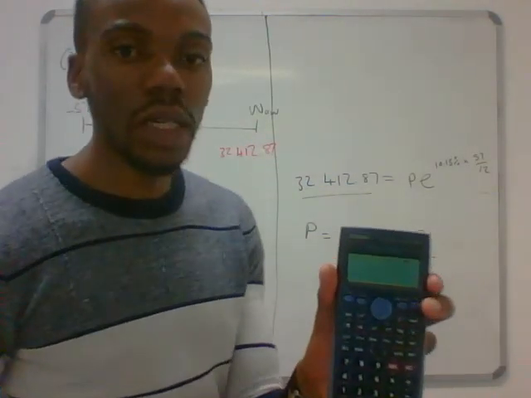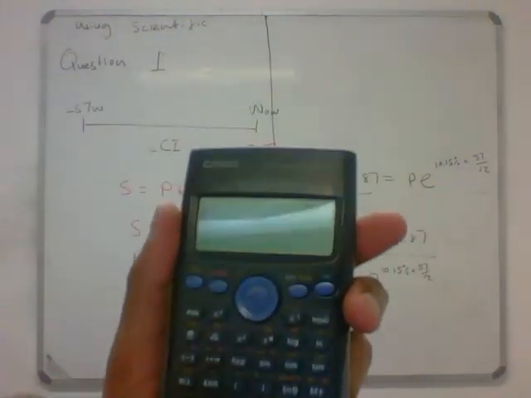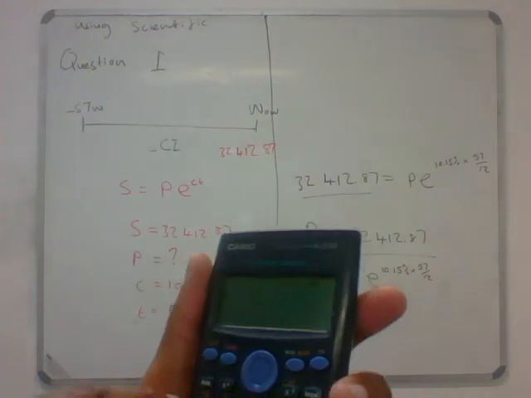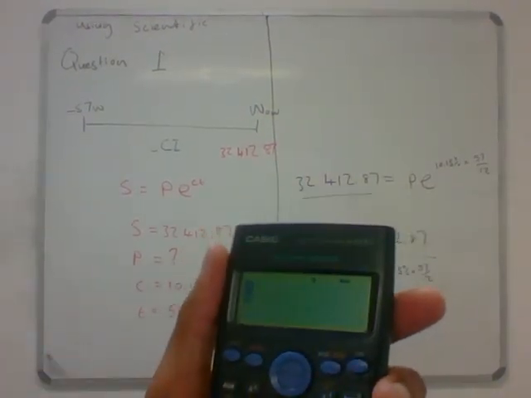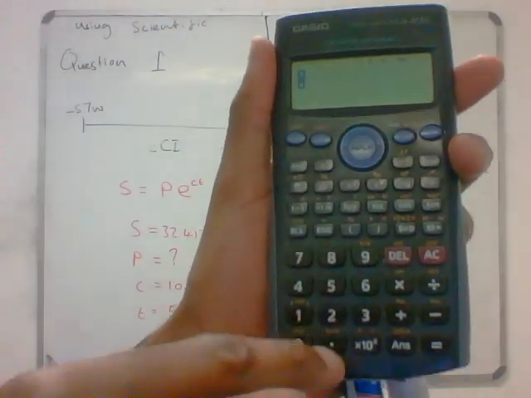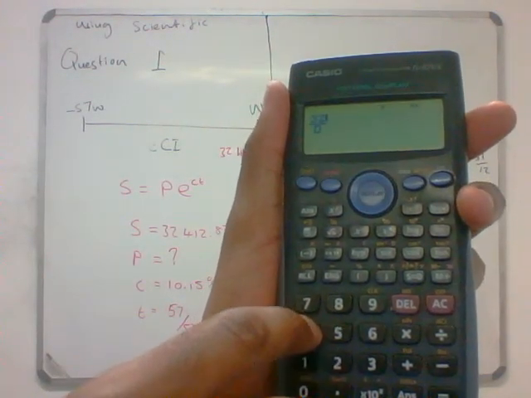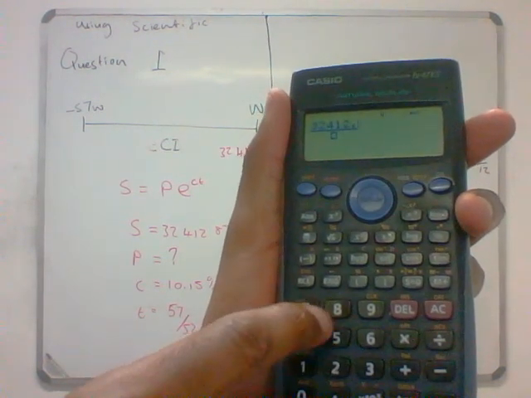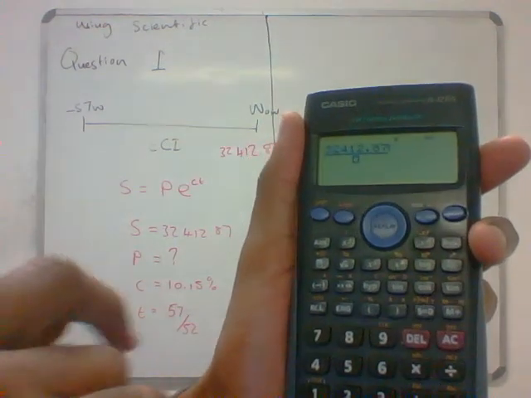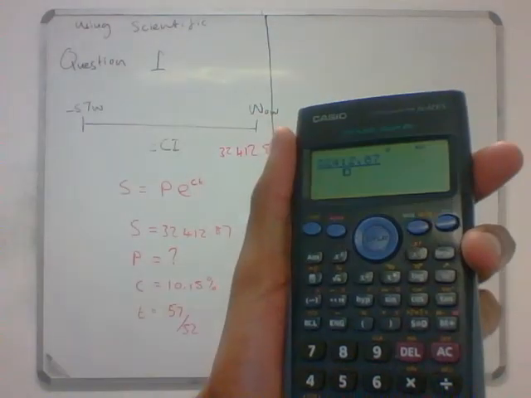With this one, I'm going to punch in everything the same way that I wrote it. So I have my fraction bracket, then 32,412.87. Then I use this down arrow to bring my cursor down.